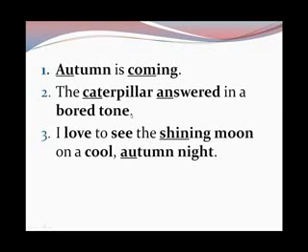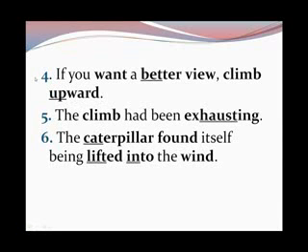I love to see the shining moon on a cool autumn night. 4. If you want a better view, climb upward. 5. The climb had been exhausting. 6. The caterpillar found itself being lifted into the wind.